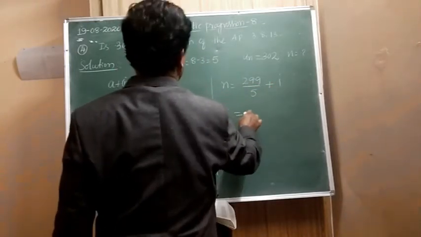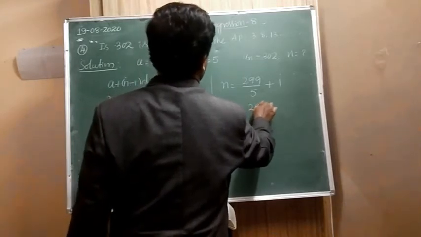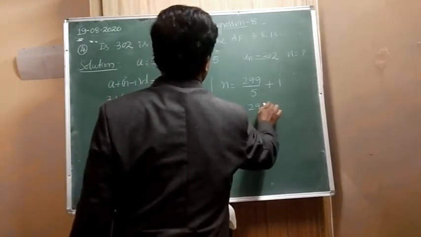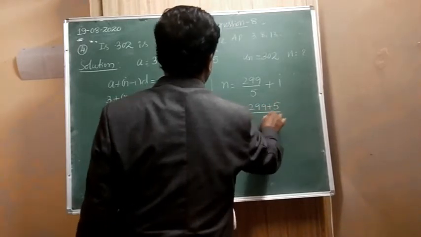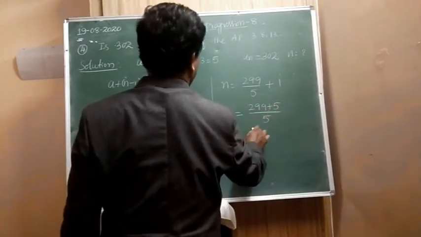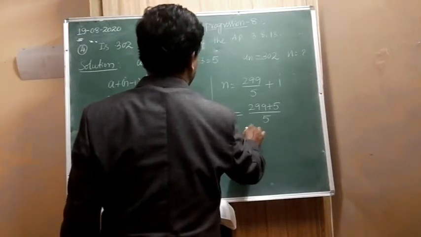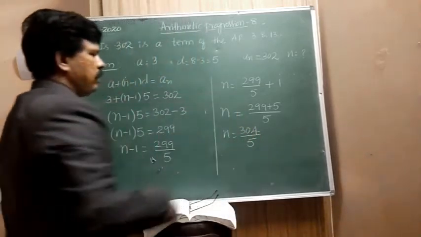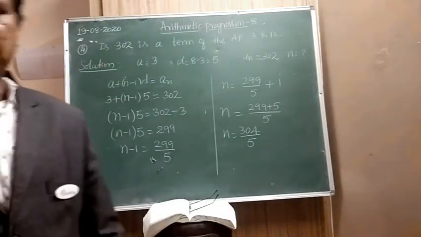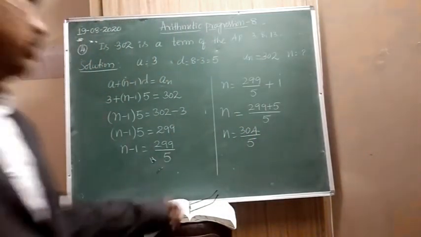N is equal to (299 plus 5) by 5. So n is equal to 304 by 5. So again 304 is not divisible by 5. Okay.